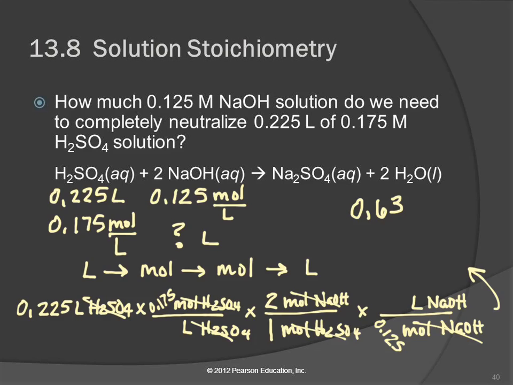How many significant figures should that answer have? It should have 3, because all the numbers that I was given had 3. But my calculator is showing me 0.63. It's not showing anything else. You need to be smarter than your calculator. Your calculator has no clue what significant figures are. And so you need 3 sig figs, you put a 0 here. And that is liters of sodium hydroxide, and that is your answer.